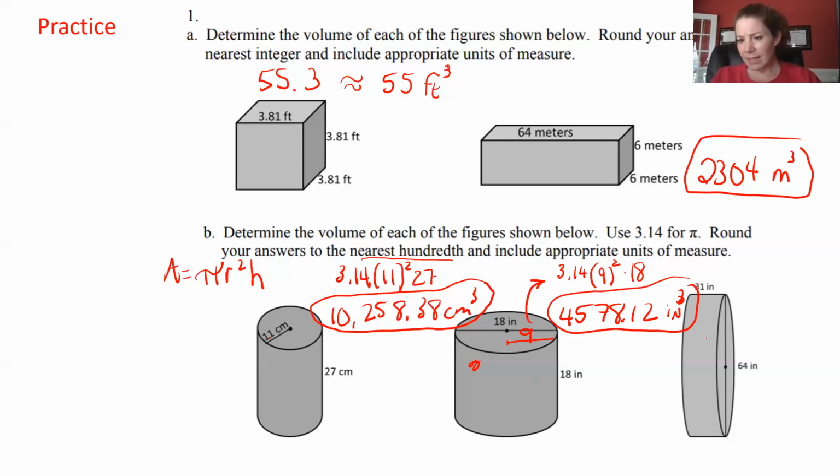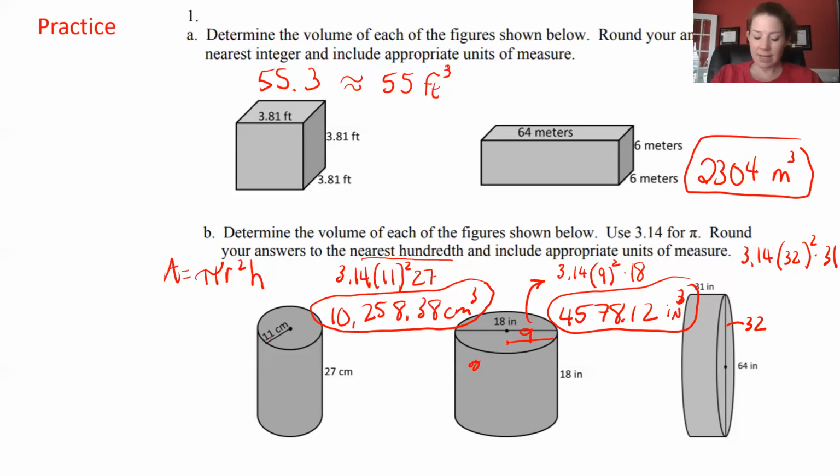And then finally, the last one, we have to find the area of the base. This is on its side. So remember, 64 is the diameter. So half of 64 would be 32, so our radius is 32. So we're going to multiply 3.14 times 32 squared times 31.